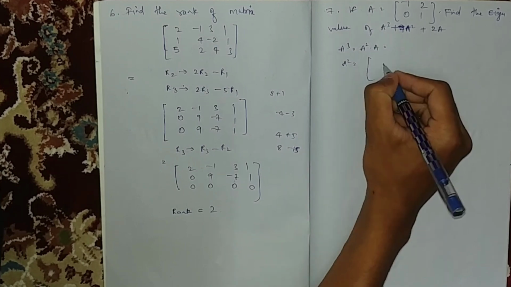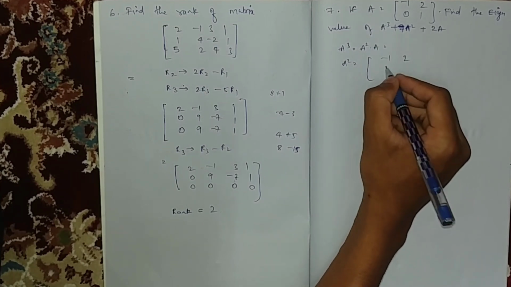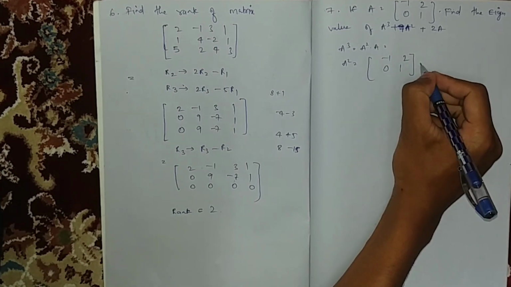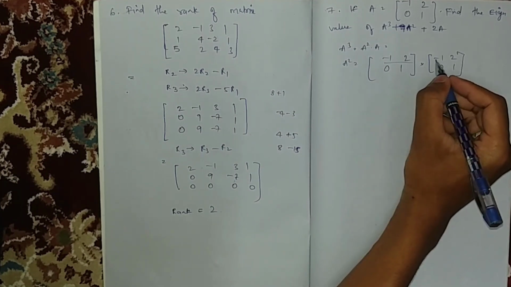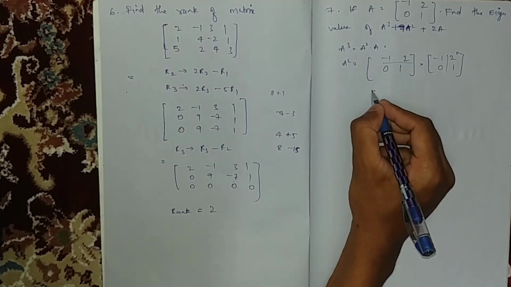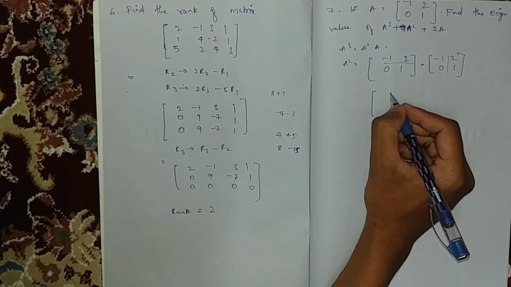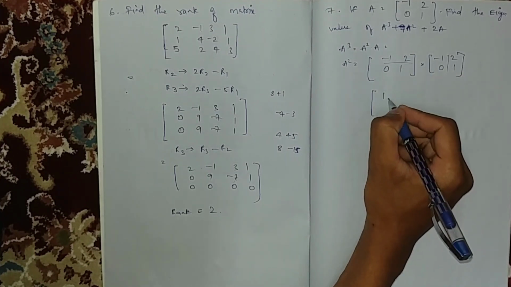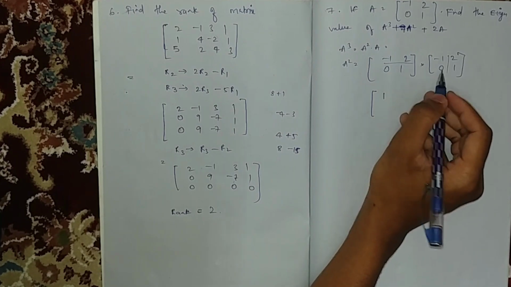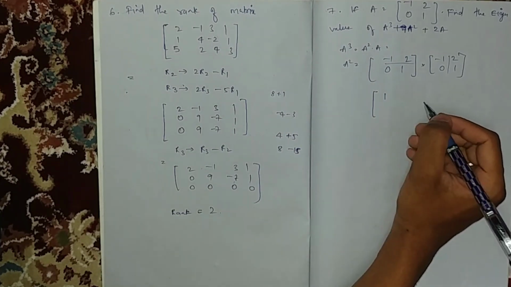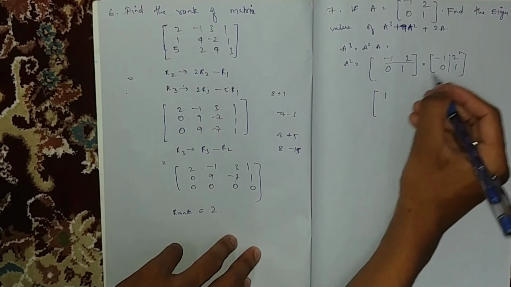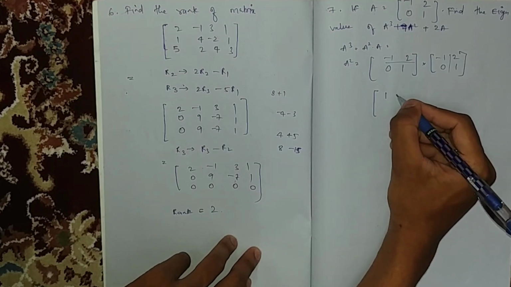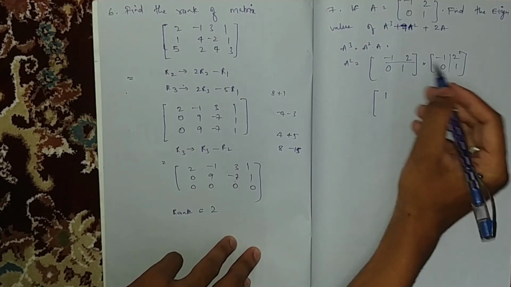A square is equal to A into A, that is [minus 1 2; 0 1] into [minus 1 2; 0 1]. So we need to multiply it as row into column. Minus 1 into minus 1 is 1, 2 into 0 is 0, so I'm not going to write the 0. Now we need to multiply.